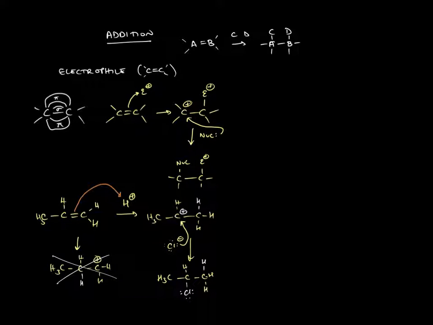So the other type of addition reaction I will show you is nucleophilic addition. So again, I'm going to go backwards a little bit on you and say that the times that we've seen nucleophiles in the past involve a nucleophile being added to a carbon with a leaving group.